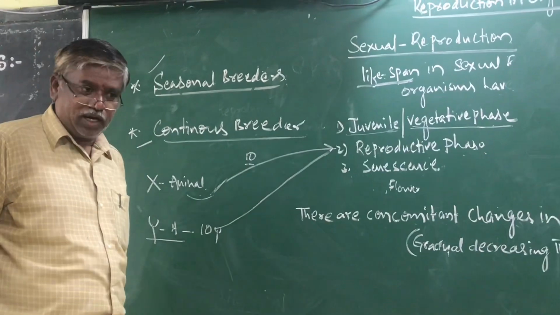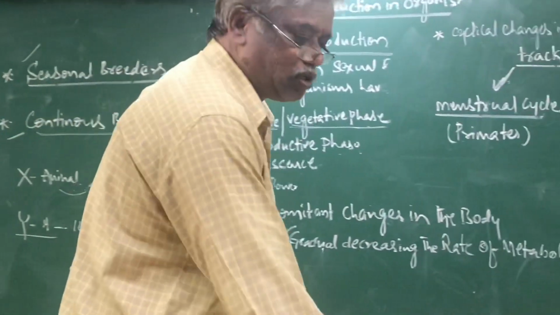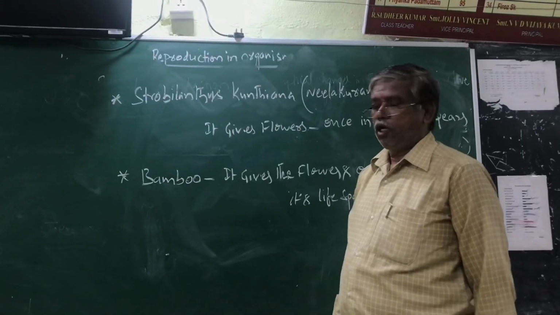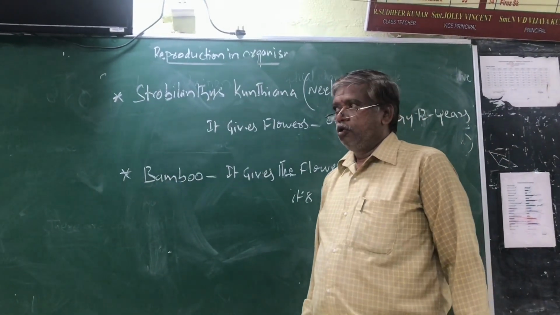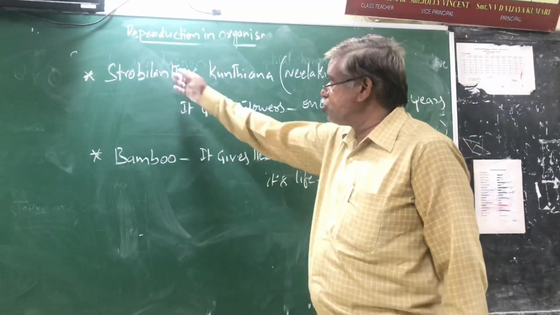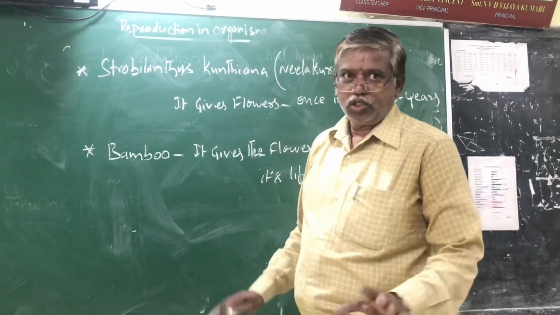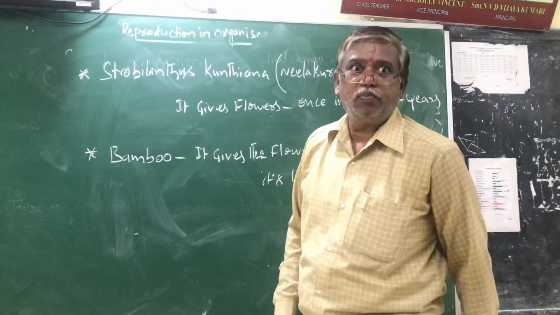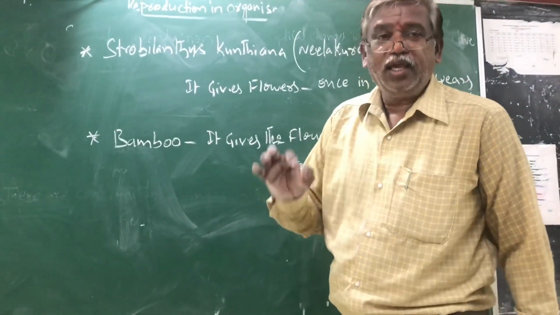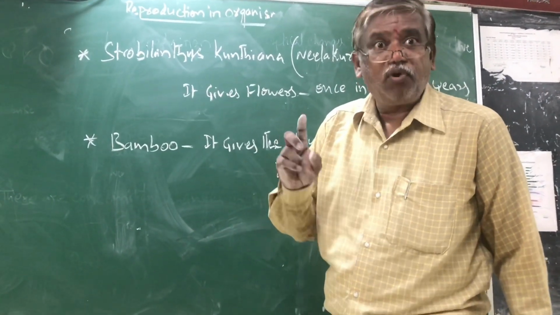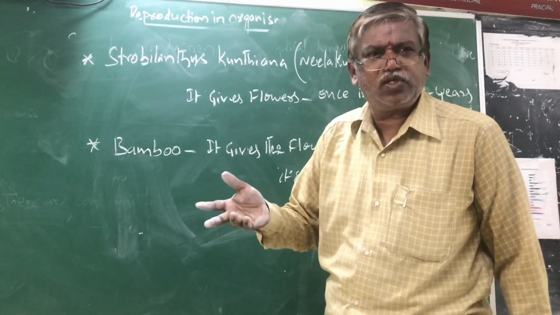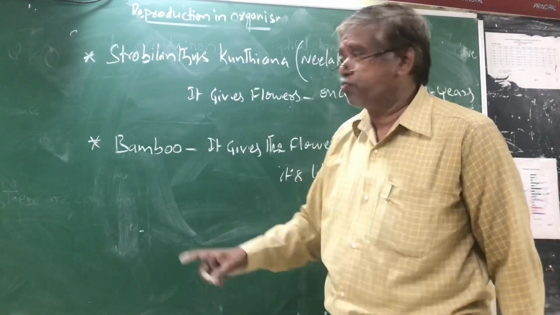Now I am also recalling two other examples, Strobilanthes kuntiana and bamboo. When we discuss sexual reproduction in plants, these two plants show some specialty compared with other perennial plants. Both are perennial plants. In general, in perennial plants flowering occurs many times, but these are exceptions.